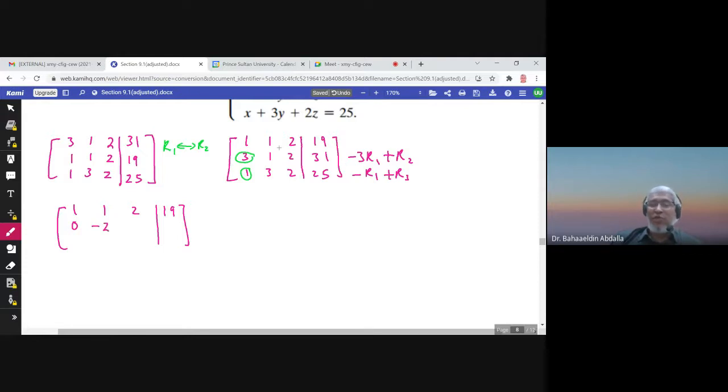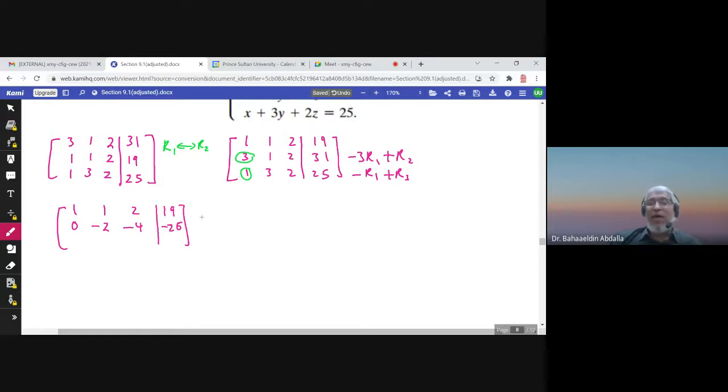Negative 3 times 2, negative 6 plus 2, negative 4. All the numbers of row 2 will be changed. Now, negative 3 times 19 is negative 57 plus 31, negative 26. So this number is negative 26.